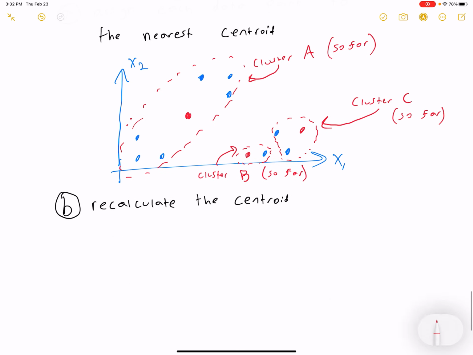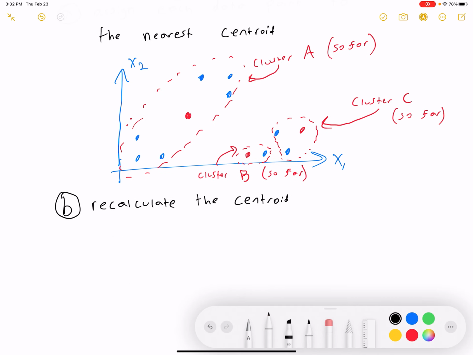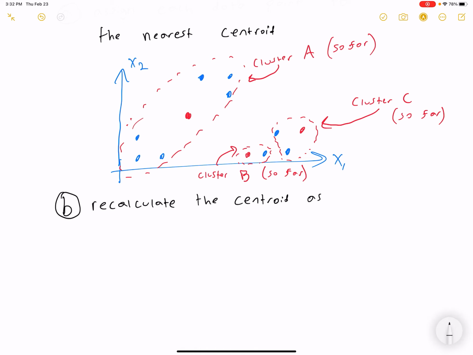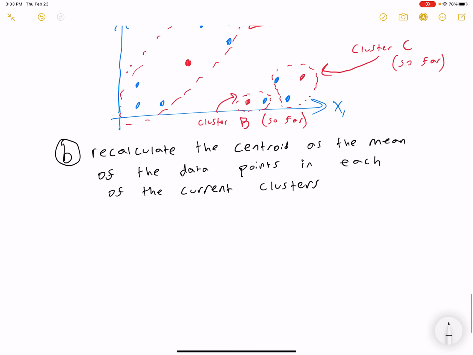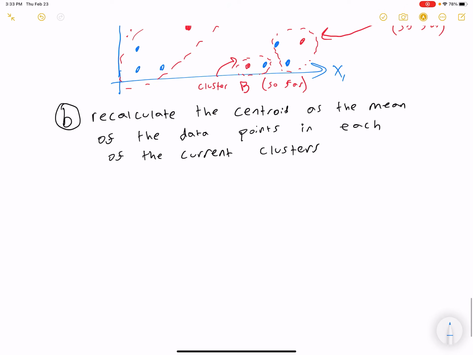okay. So step B, recalculate the centroid as the mean of the data points in each of the current clusters. So only drawing this for one iteration.